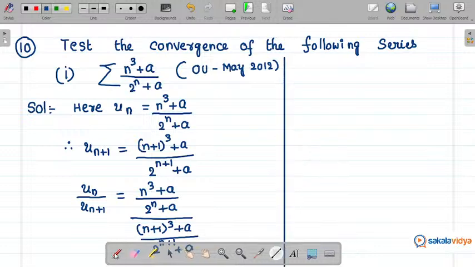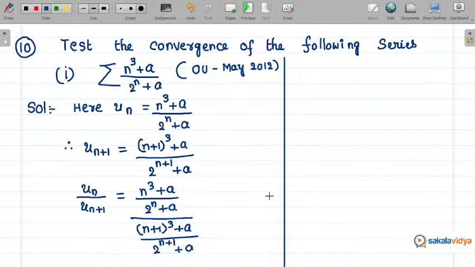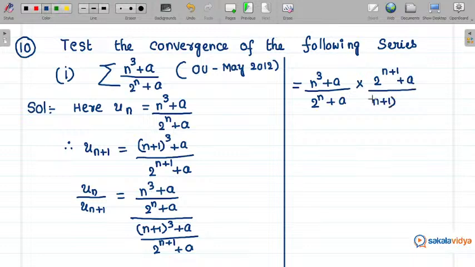We can simplify further like this. This is equal to (n cube plus a) divided by (2 to the power of n plus a), multiplied with the reciprocal of the denominator. What is the reciprocal of the denominator? (2 to the power of n plus 1 plus a) divided by ((n plus 1) whole cube plus a). So, now can you simplify?